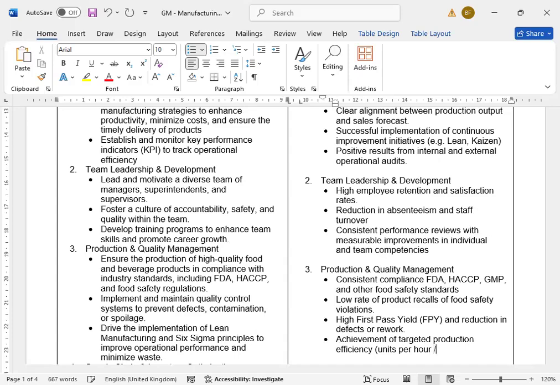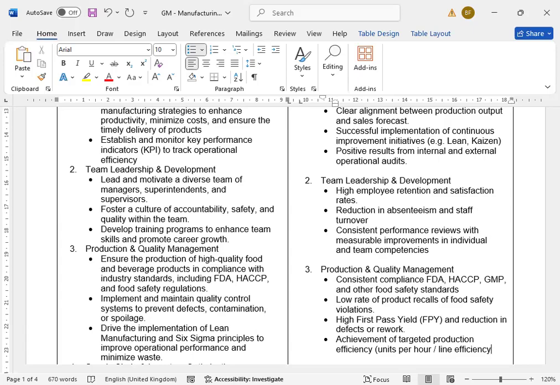Or line efficiency. Let's say you have 10 production lines of the same SKU, stock keeping unit, or production line for one product. Then you compare the lines, line number one, two, three, to see who is producing more in terms of units per hour.